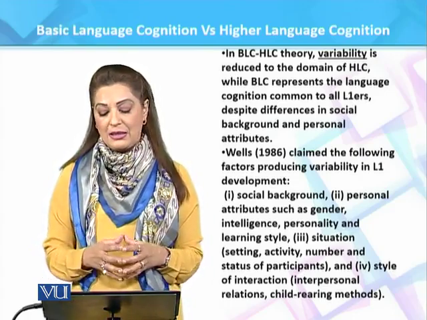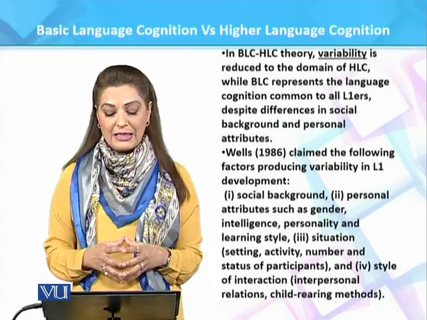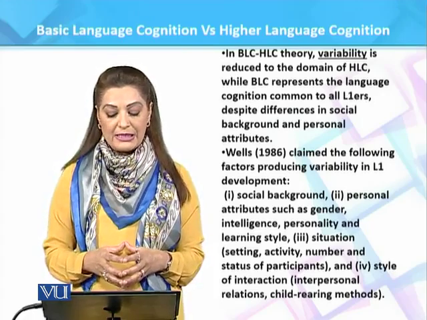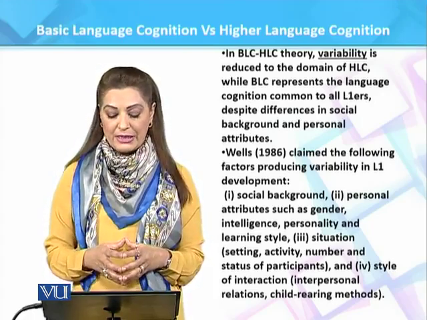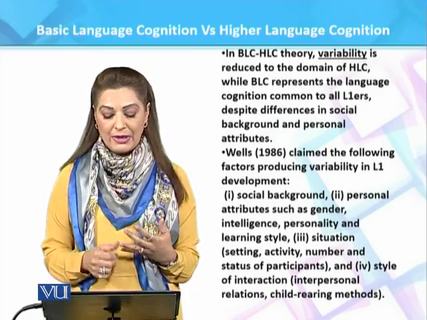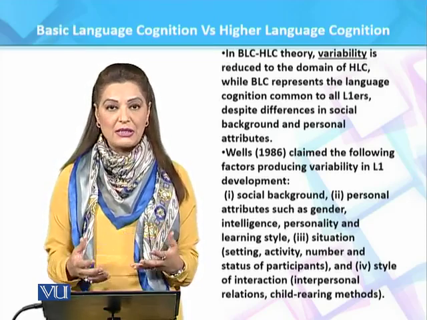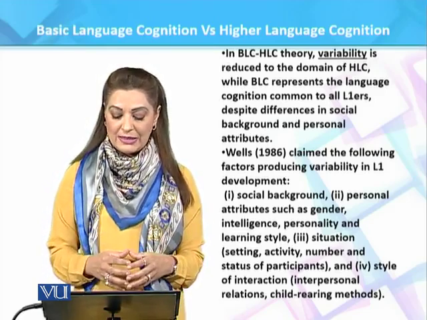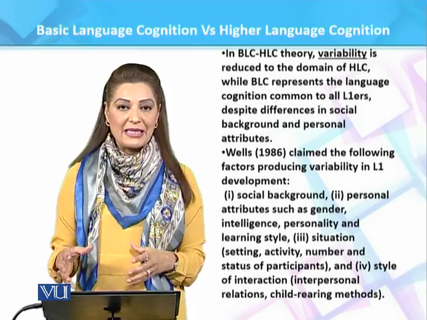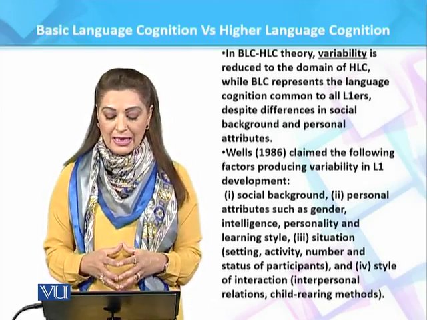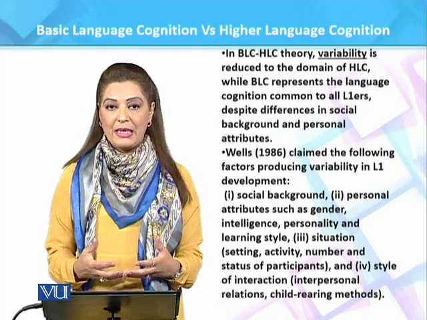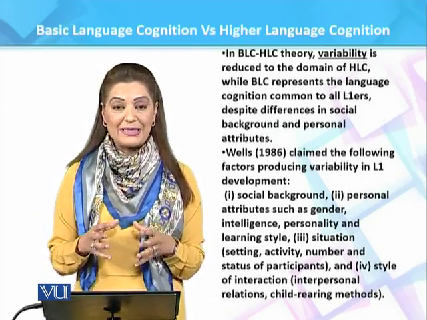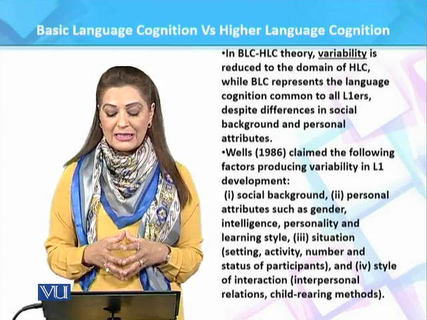Wells, in his research in 1986, claimed the following factors producing variability in first language development: social background; personal attributes such as gender, intelligence, personality, and learning style, so these are the personal traits; situation, which are the settings or social context; status of the participants in terms of belonging to a higher class or low class; and the style of interaction.